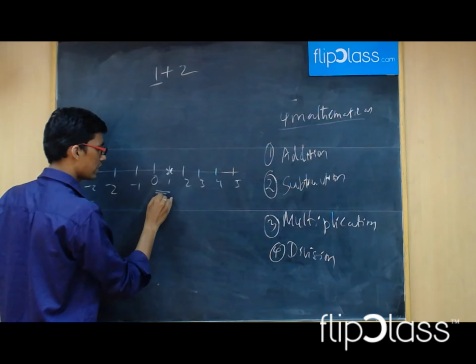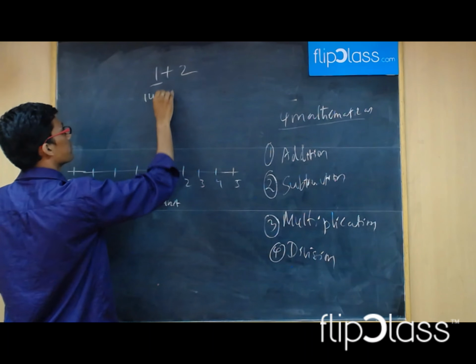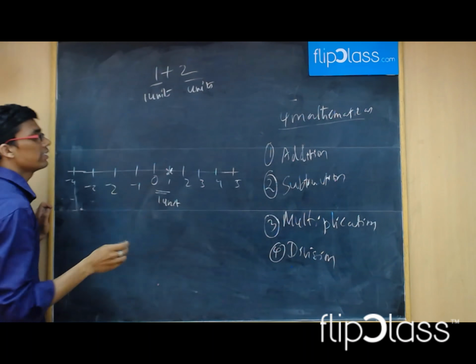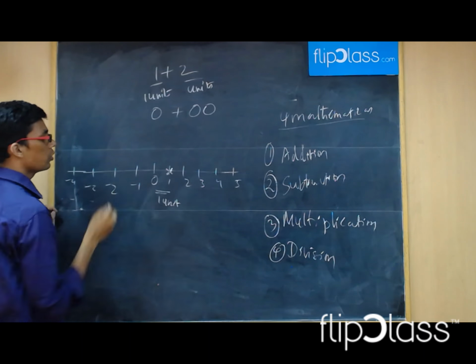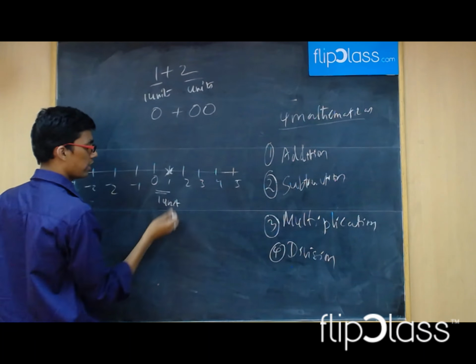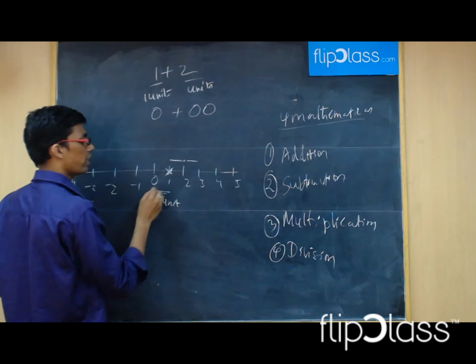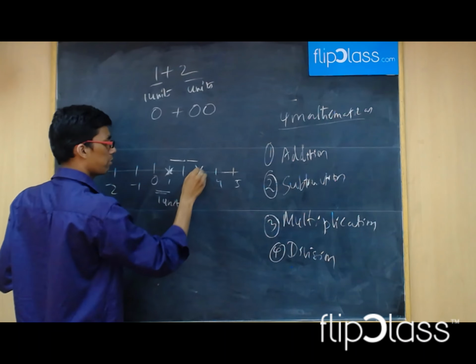Consider this as 1 unit, or 1 ball, and then there are 2 more balls, in the sense 2 more units. So where do you end up? When you add 1 plus 2, this is where you end up, which is 3.